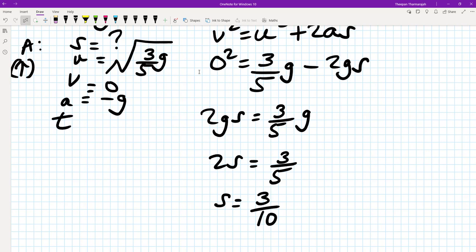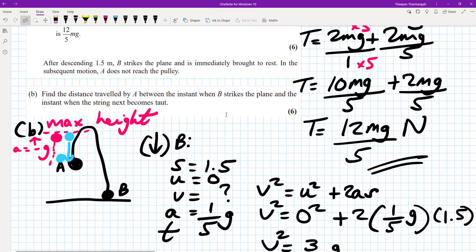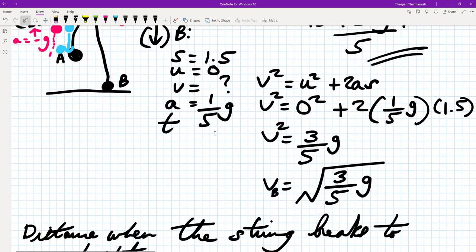3/10 meters. But what we need to realize is from the time the string breaks, the distance to the maximum height is 3/10. But it travels 3/10 from the time the string breaks to the maximum height, and back down the same distance to come back to the position which is in blue when the tension is resumed. So it's 3/10 plus another 3/10. So that's why we double the distance.